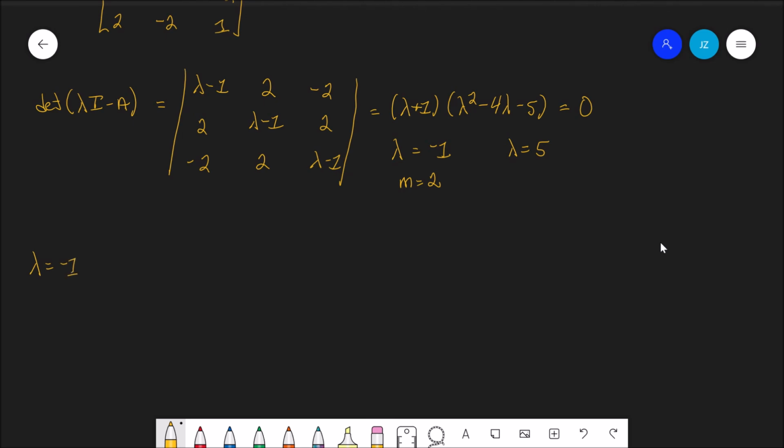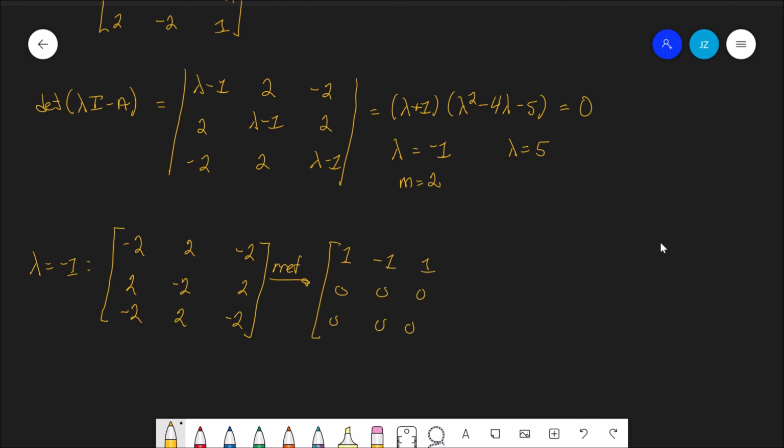So we go lambda equals negative 1. This will give us the 3 by 3 matrix, negative 2, 2, negative 2, 2, negative 2, 2, negative 2, 2, negative 2, which will row reduce. So we have the system that x1 is equal to x2 minus x3.